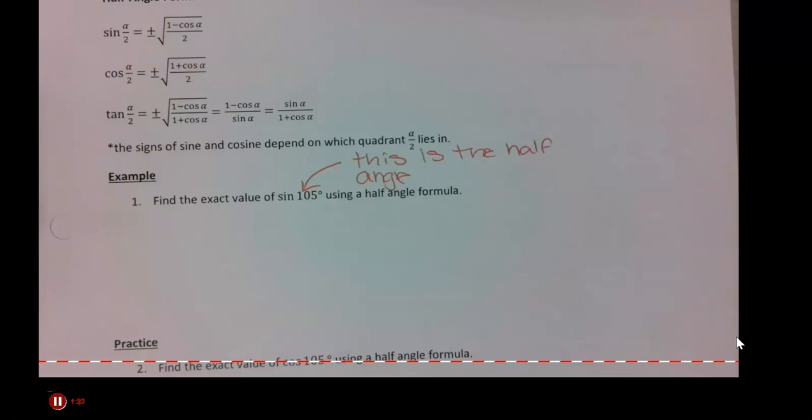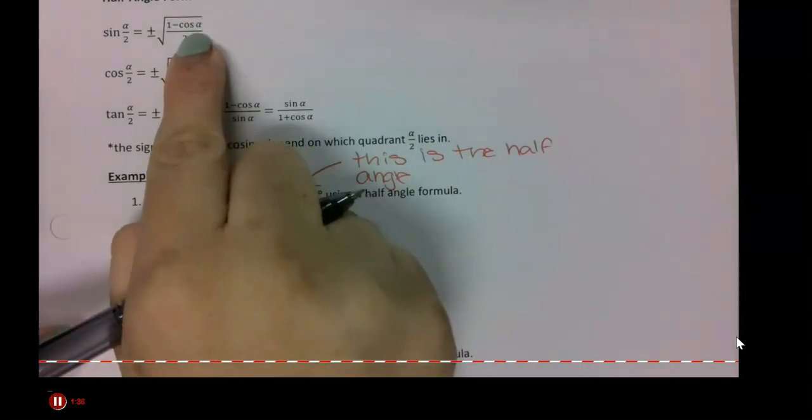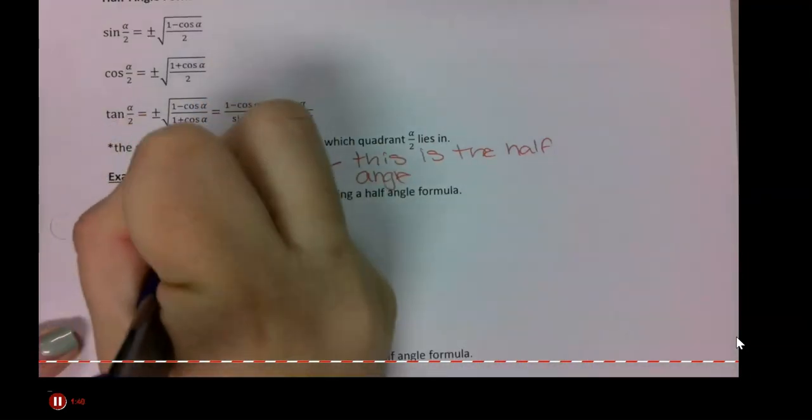Then double that angle for when I plug into the formula, because this is not a half angle here. What is double of 105?